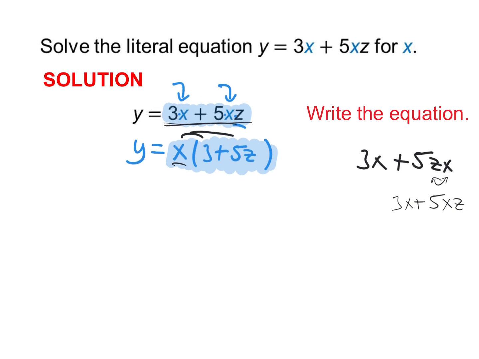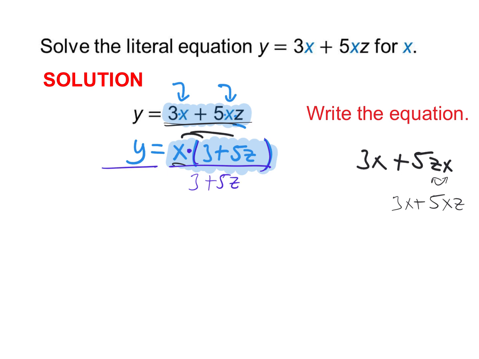Now, once you do that, what is happening to this x? What's the operation that's happening to it? It's being multiplied by this entire expression, 3 plus 5z. So we want to get rid of something that's being multiplied by dividing. Let's divide both sides by 3 plus 5z.